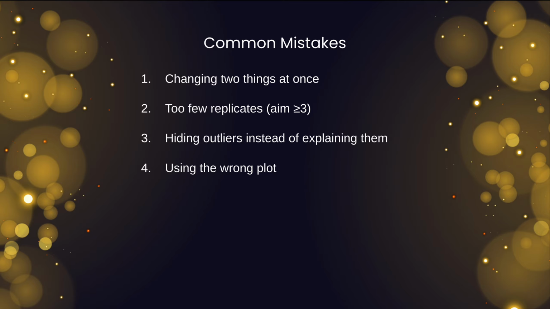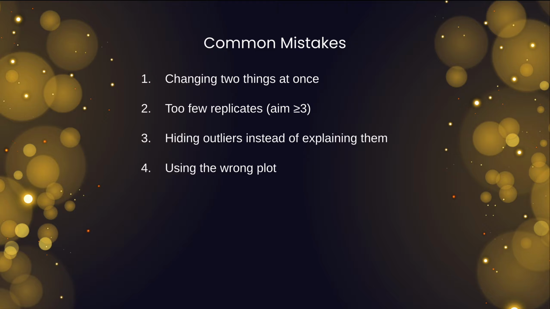Lastly, here are some common mistakes that people make when conducting experiments. If you change two things at once, then you're not sure which one caused your dependent variable to change. And so that would not prove a causation, and therefore your experiment is not the most accurate. Another thing is that having more replicates is generally better because you could average your results and it would decrease measurement inaccuracy.